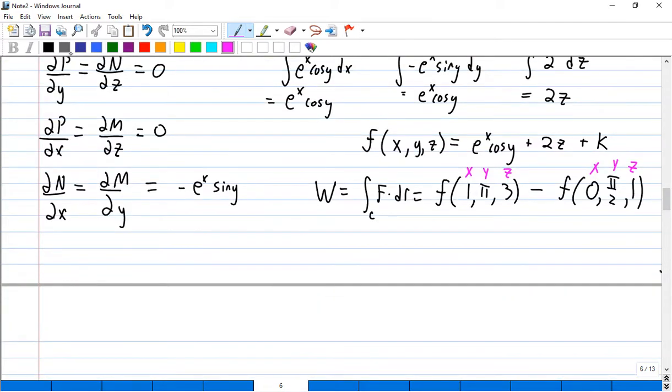All right, so let's work that out. We have our, what is that again? What's that little f called? Potential function.